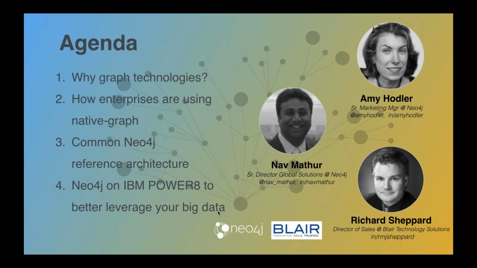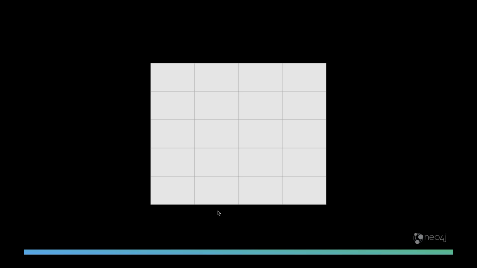Nav's going to talk a little bit about some of the common reference architectures and what that looks like for Neo4j, and Richard is going to highlight IBM Power 8 plus Neo4j and how that can help you leverage your big data. So with that, let's go ahead and get started.